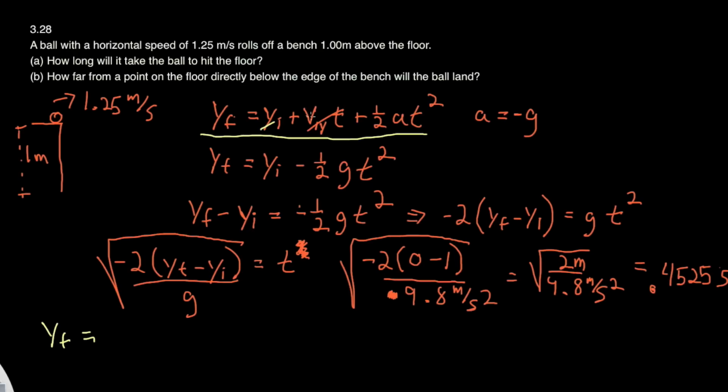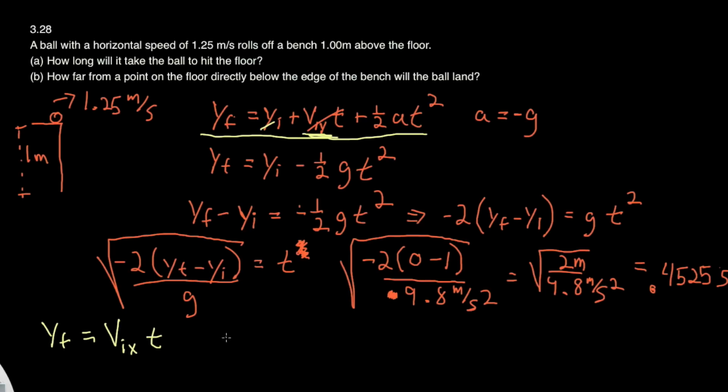We have an initial velocity, so this part of the equation stays: v i x, the initial velocity times time, and there's no acceleration, so this term goes away. All we're left with is the final position is equal to the initial velocity times time.